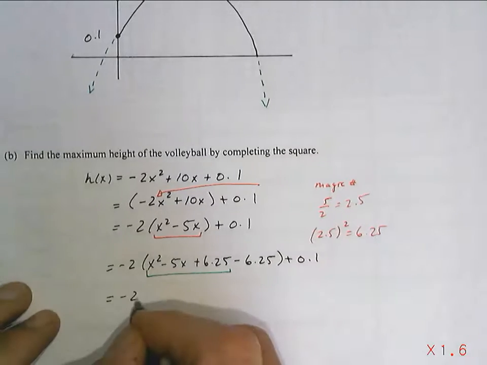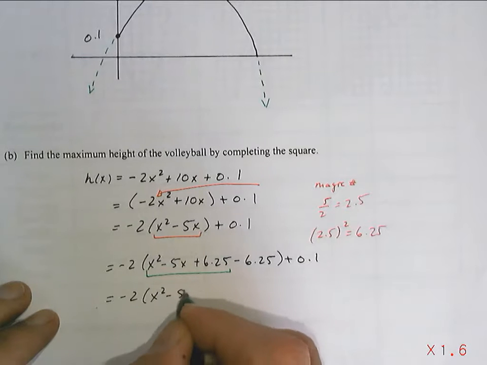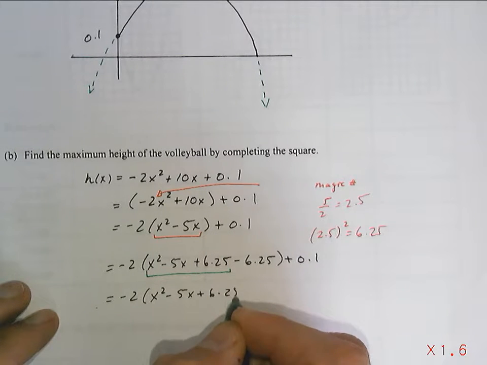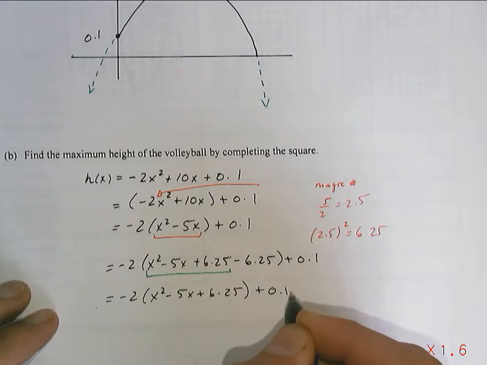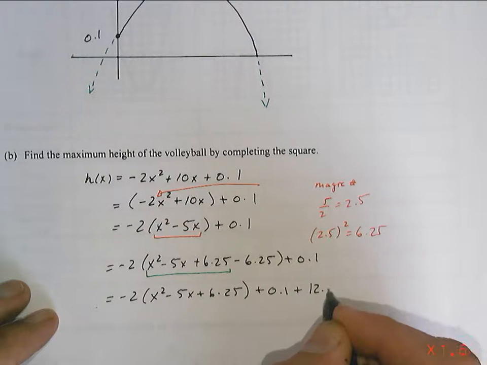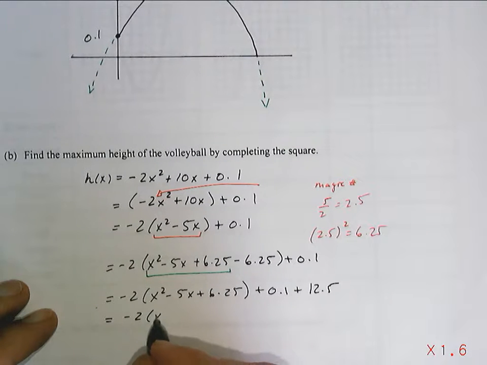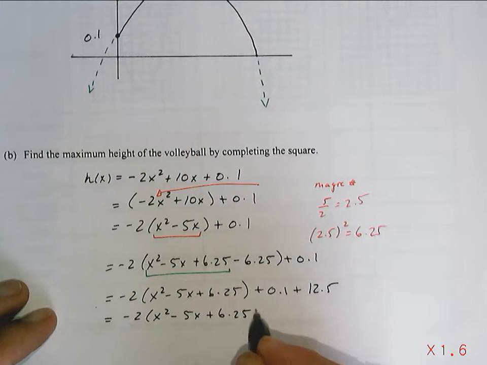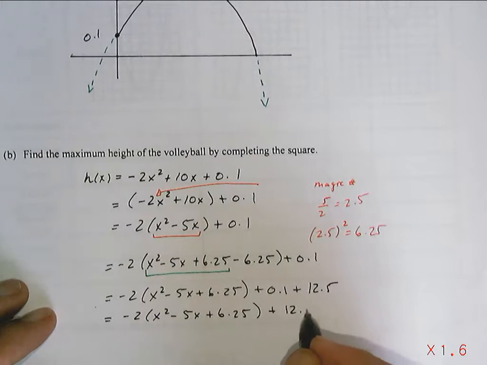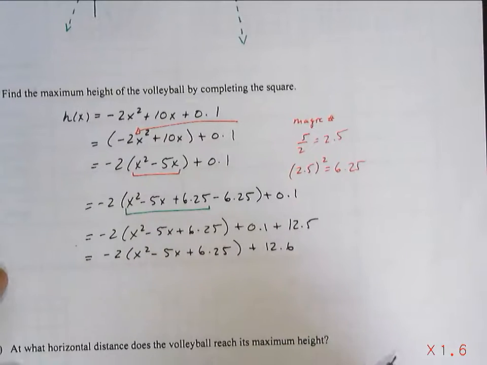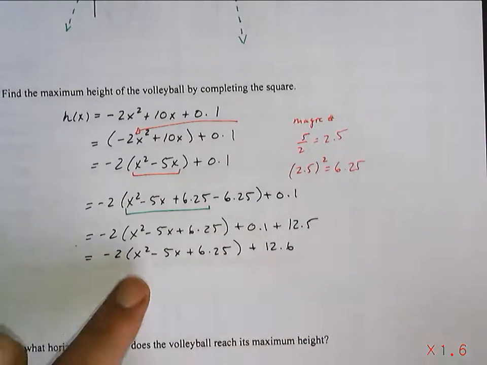So negative 2, x squared minus 5x plus 6.25, bracket, plus 0.1 plus 12.5, leaving us with negative 2 times x squared minus 5x plus 6.25, bracket, plus 12.6. Okay, we're almost there. This is a perfect square.